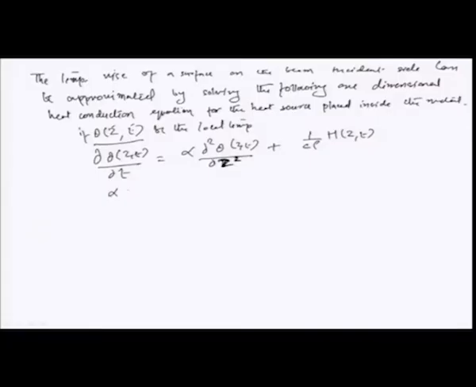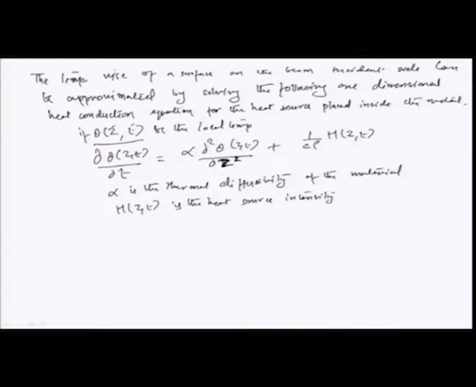In this equation, alpha is the thermal diffusivity of the material, and H(z,t) is the heat source intensity, that is heat generated per unit time per unit volume.